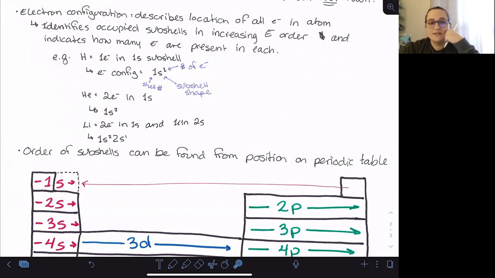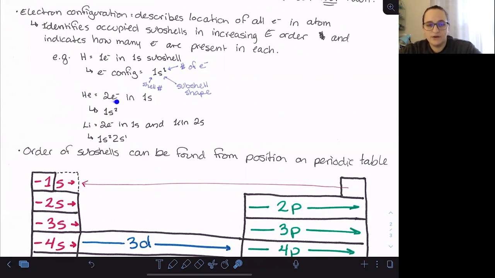So for instance, when we're following all the rules, Aufbau, Hund, and Pauli, for hydrogen, we're going to put its 1 electron in the lowest energy orbital available, which is the 1s. So our 1s subshell will contain 1 electron. So we write the shell number is 1, the subshell shape is s, and the number of electrons here is 1, written as a superscript typically.